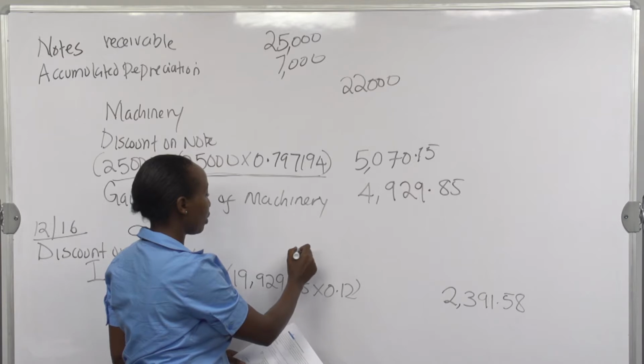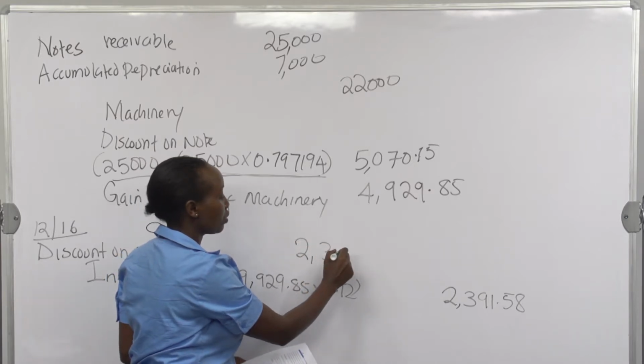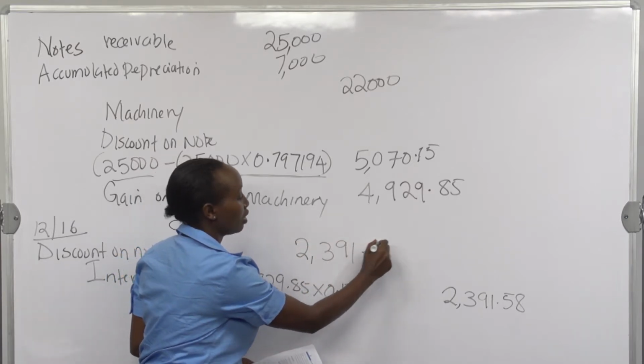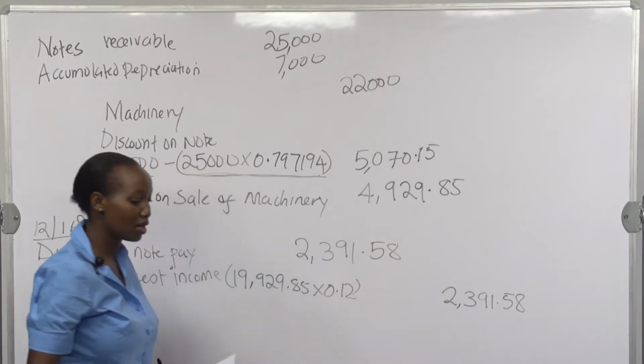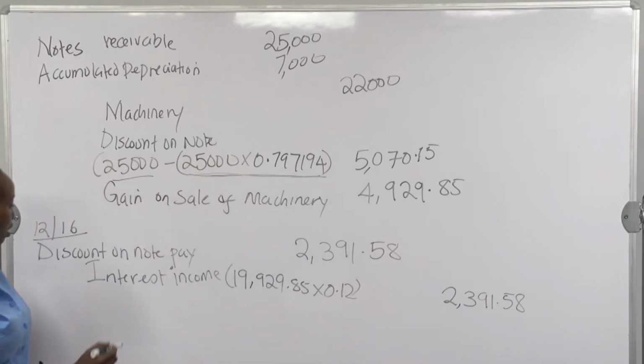That's also the amount of our amortization, $2,391.58.